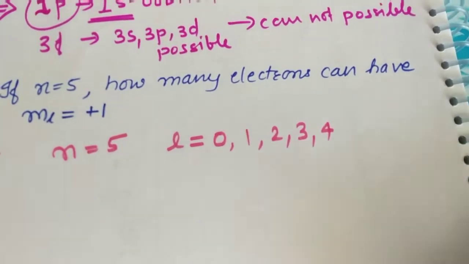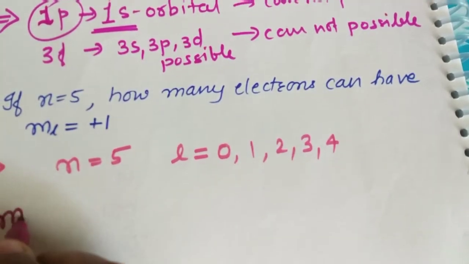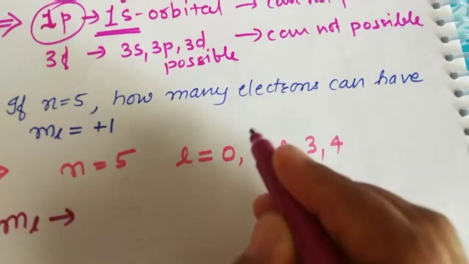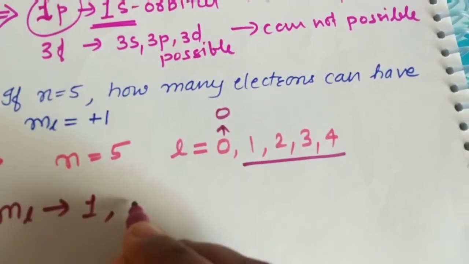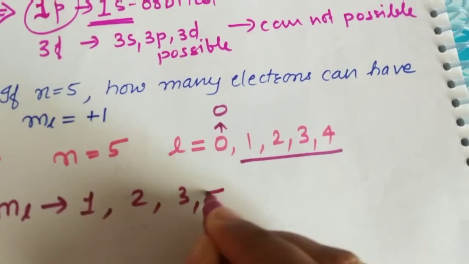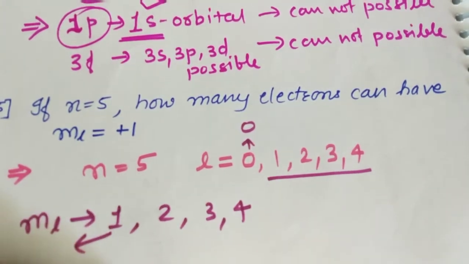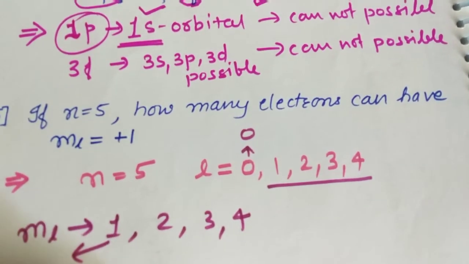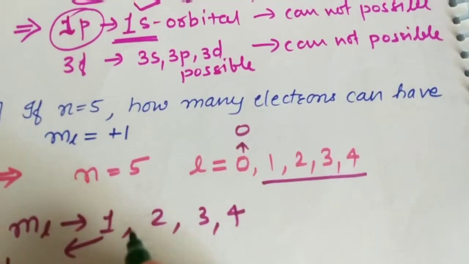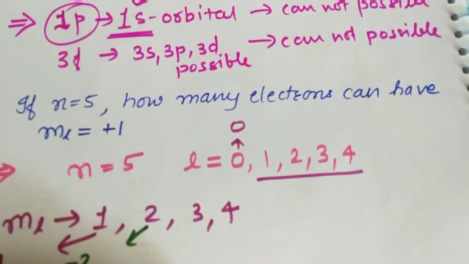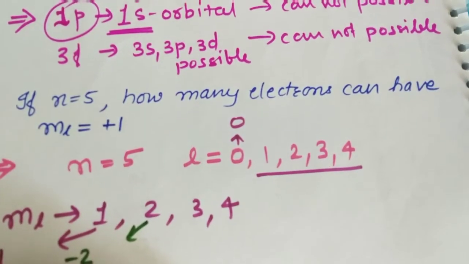Then let's see the next one. For each value of L, we can calculate the value of ML. For 0 it would be 0 only, so we cannot consider this. We have 1, 2, 3 and 4 each. For 1, we will have minus 1, 0, plus 1. Now let's see for 2: minus 2, minus 1, 0, plus 1, plus 2.